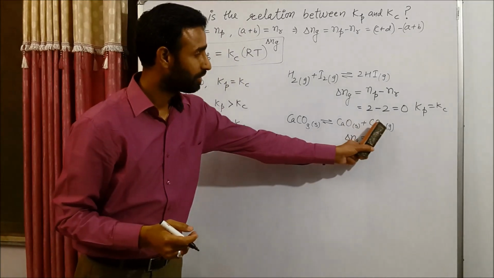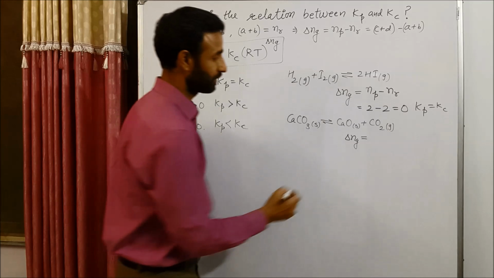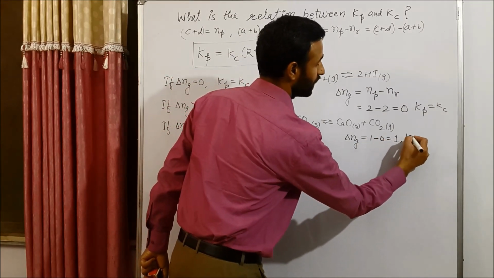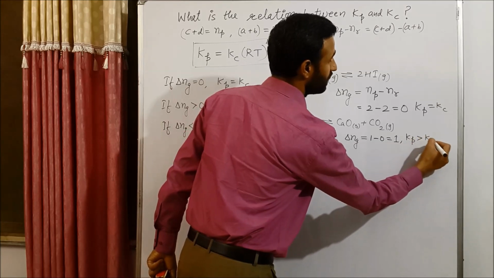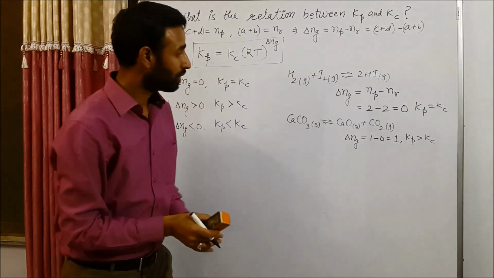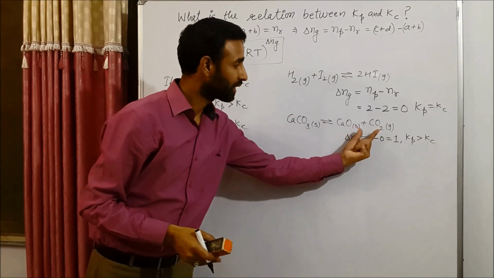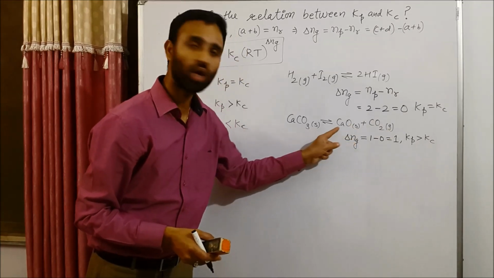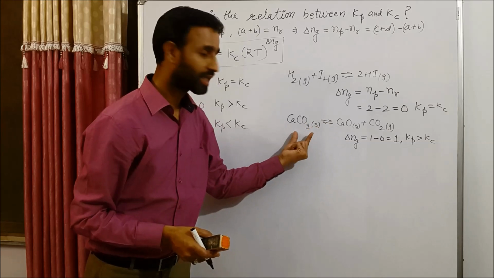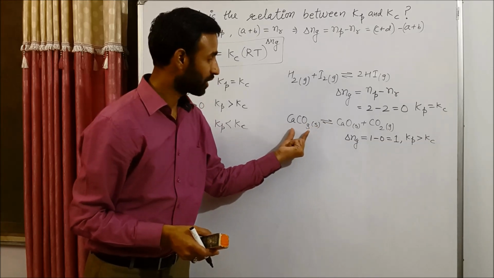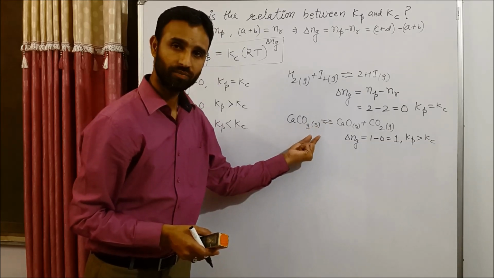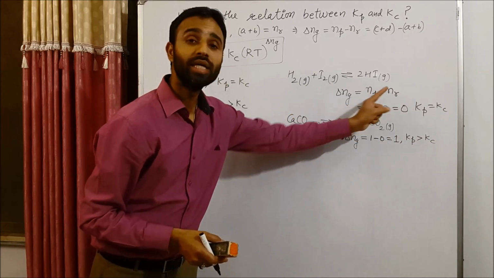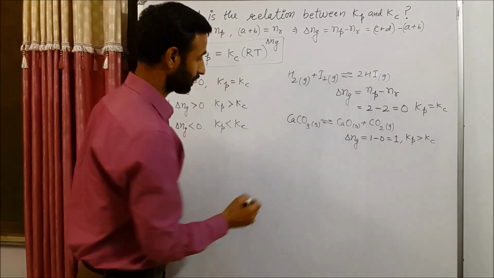It is 1 minus 0, that is 1. That implies Kp is greater than Kc. Because on the product side, gaseous moles is only 1, that is CO2 gas. This is solid. On the reactant side, calcium carbonate is solid, that means it is not counted, because we count only gaseous moles.